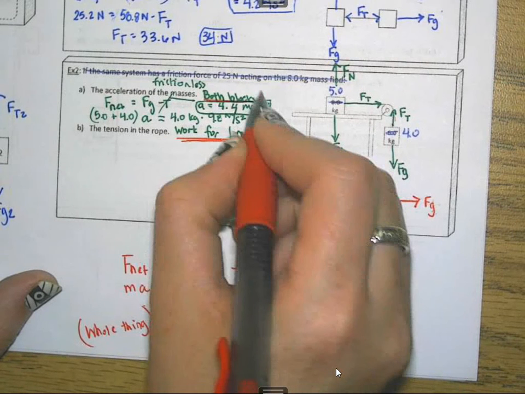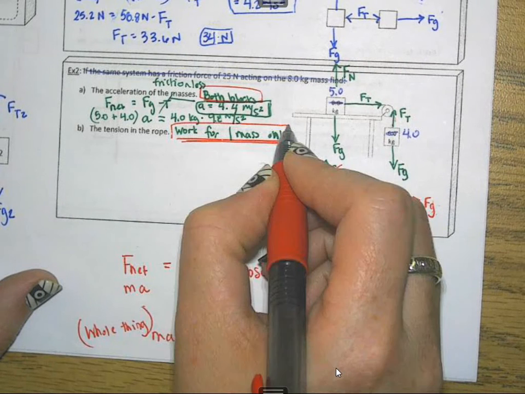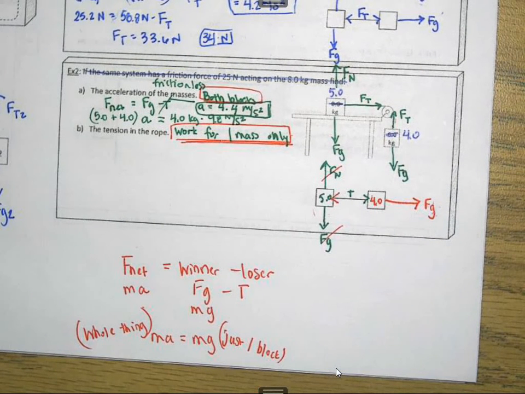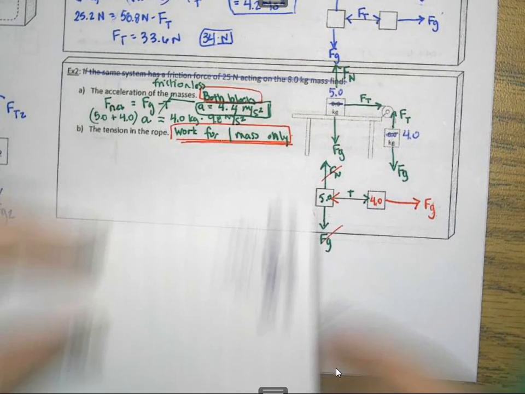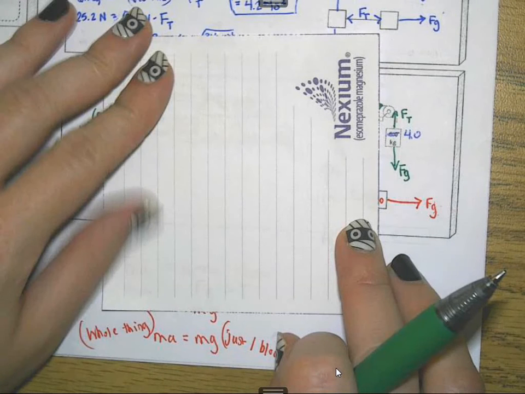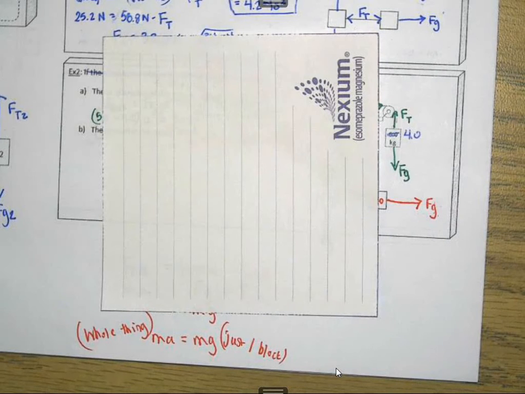Looks like Christmas time with my colors there. Okay. So this time it's almost like you could take yourself a post-it note or something and cover up one of those. So if I'm going to consider this for a second with all of that blocked out, I want to think about winner minus loser again. Is there a net force acting just on this block right here?